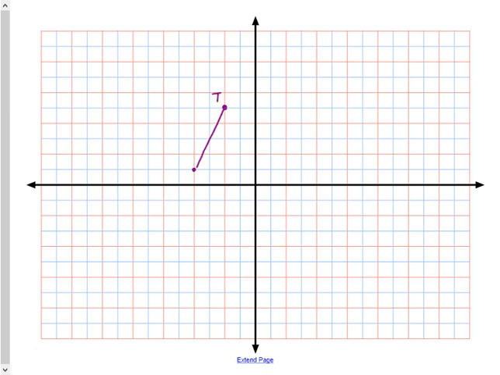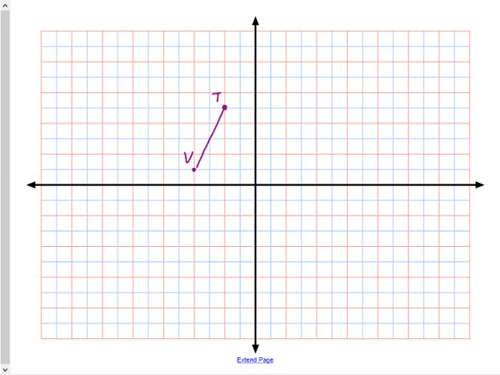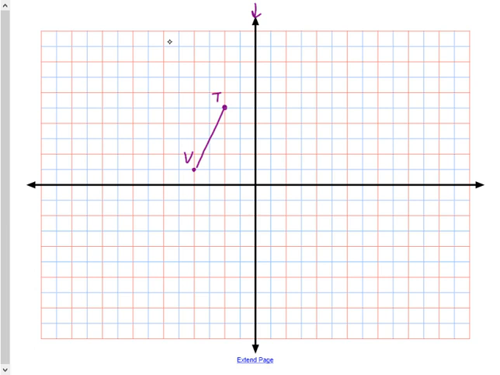There's TV, and it says reflect across the y-axis, so we reflect over this, and then we're rotating 90 degrees. We're 2 away, so we go 2 more, 4 away, and there's T prime, B prime, and then it's a 90-degree rotation.